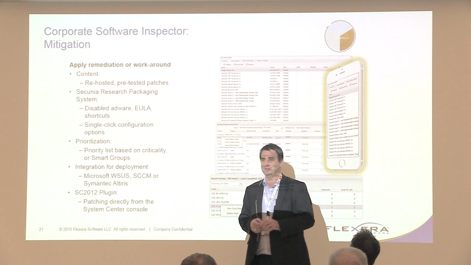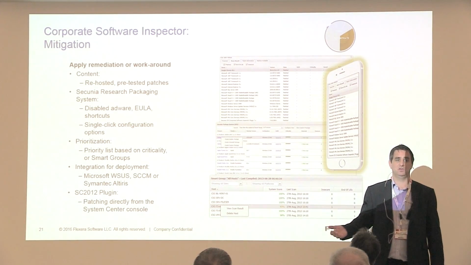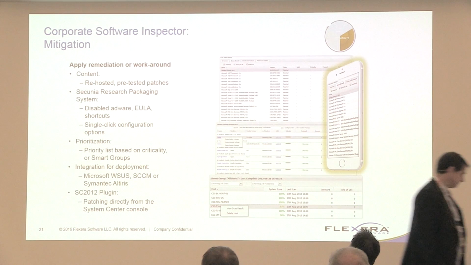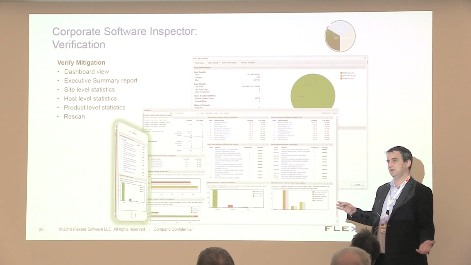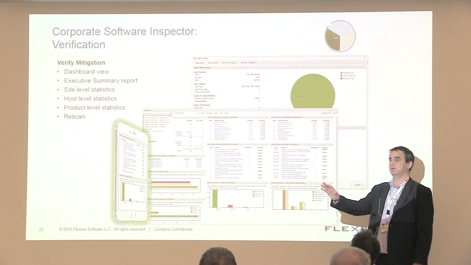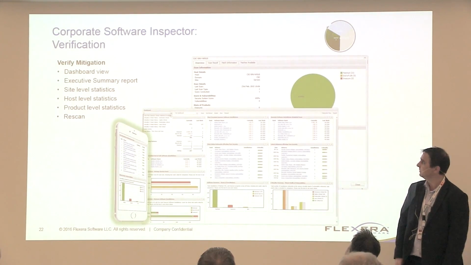If it's a commercial-based application, we can't rehost it, but we give you the link to where that information would be. And finally, the last stage is around verification, ensuring that what we've identified and found to be vulnerable is then remediated. It's really the assessment process again, just rescanning and getting this information in.